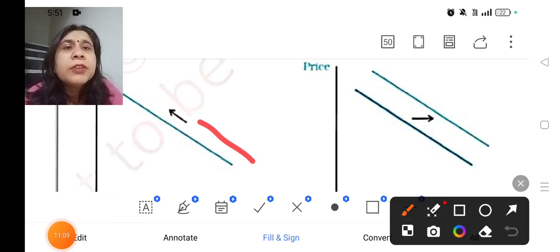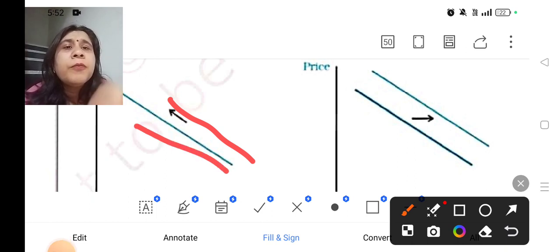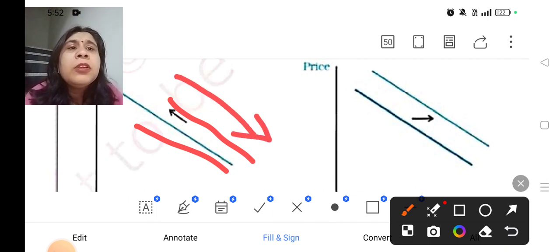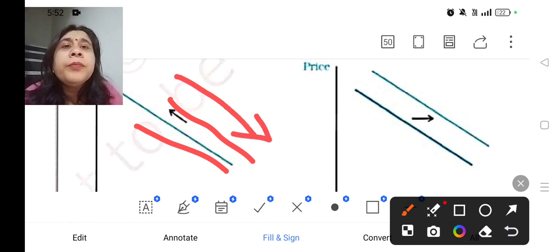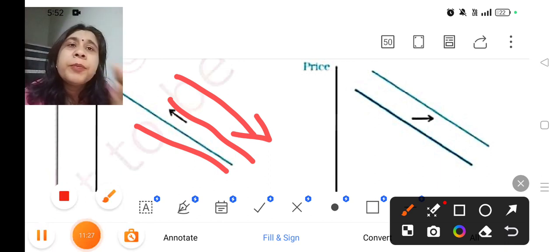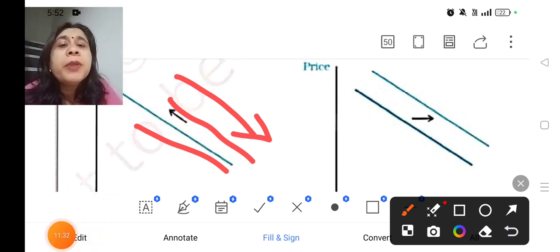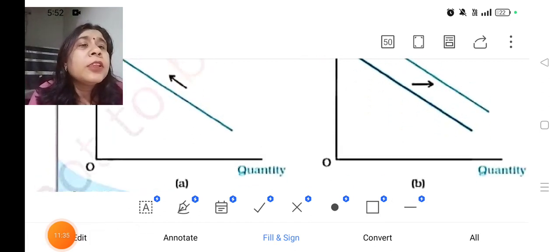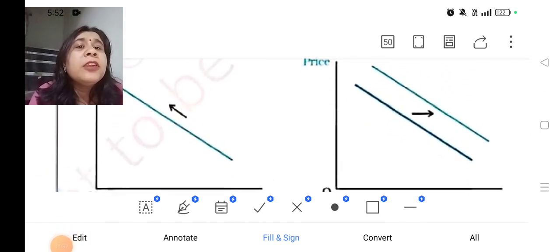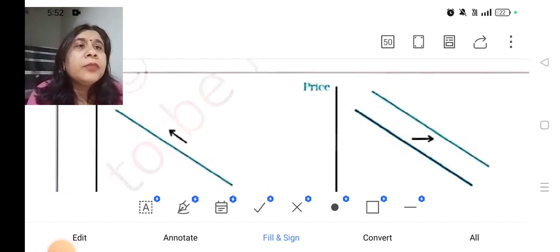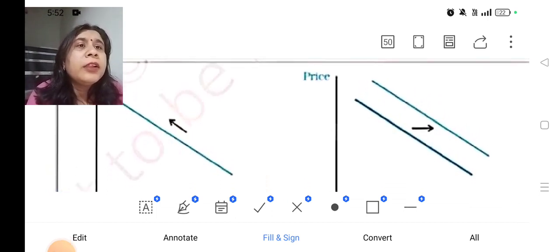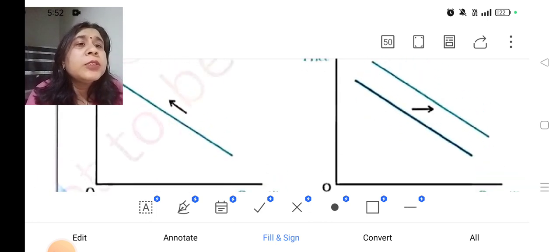You can just see in this figure, demand is moving upward due to a rise in the price, and the same will move downward if the price of a commodity decreases, that is, demand will expand. Now look at this second figure. Expansion and contraction is not taking place here. You can just have a look at this figure number 2, that is B part.